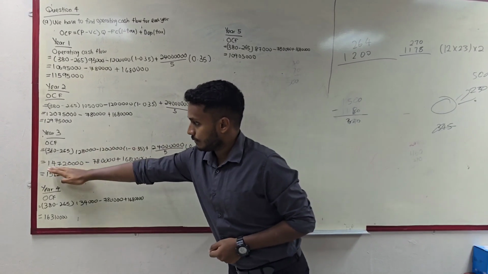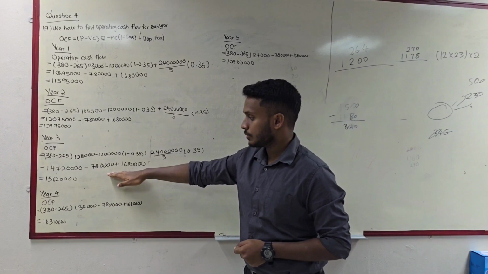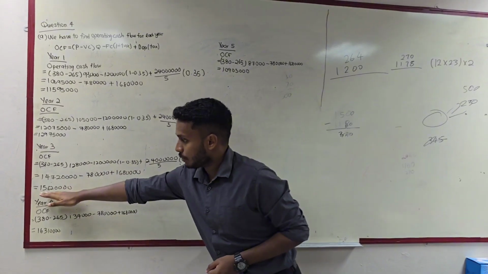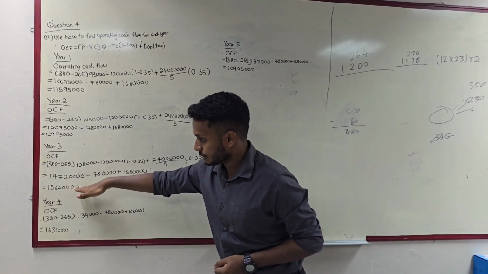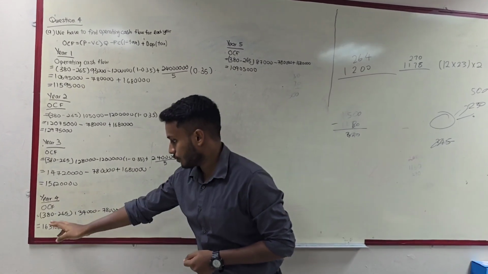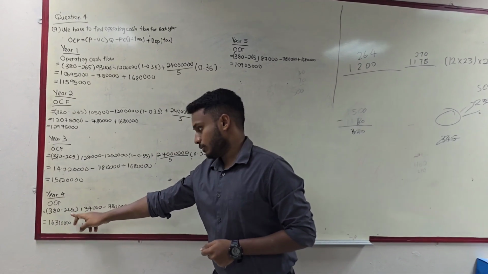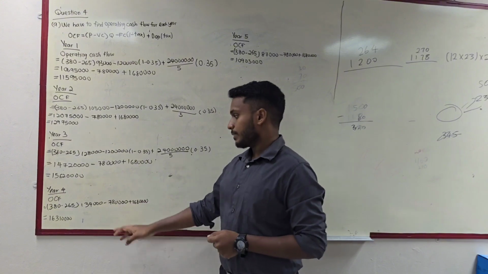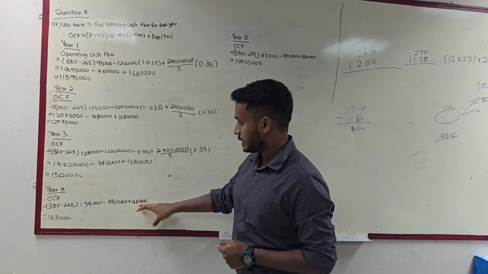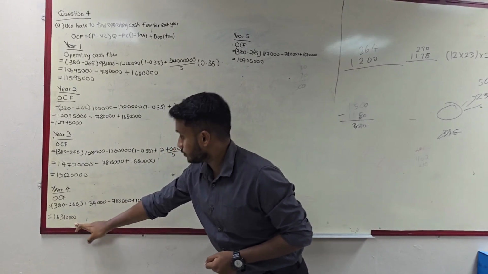When you do that, we will get 147,200,000 minus 78,000 plus 168,000, we will get 15620,000. As for the fourth year, we will get 380 minus 265 times 134,000 minus 78,000 plus 168,000, we will get 163,100.